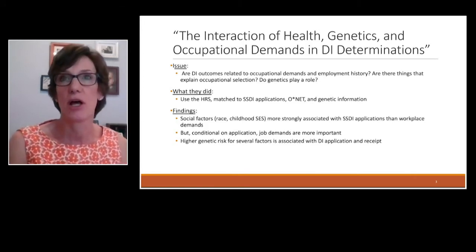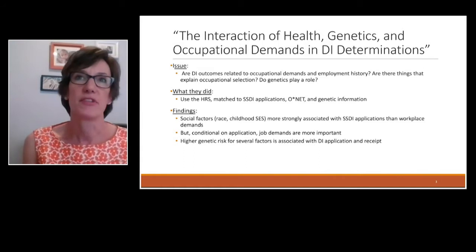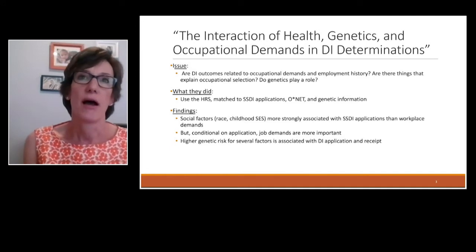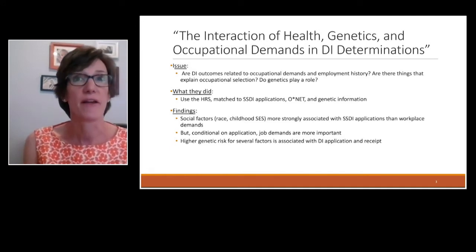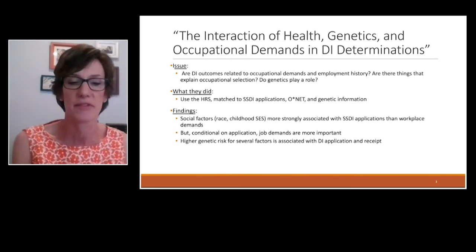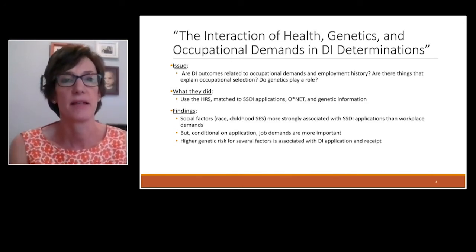But conditional on application, those demands, the physical, mental, sensory demands, are more important than the social factors. They also find that some of these genetic variables can influence application to DI as well as some of the outcomes. Next slide.